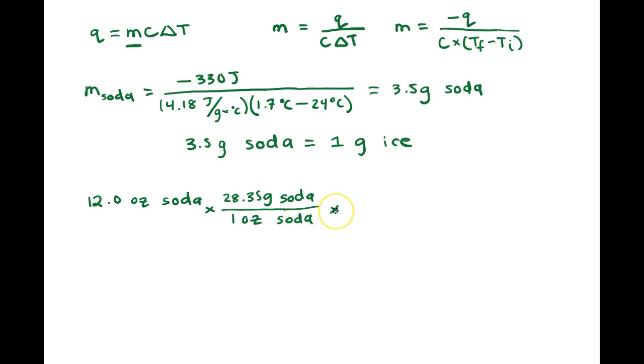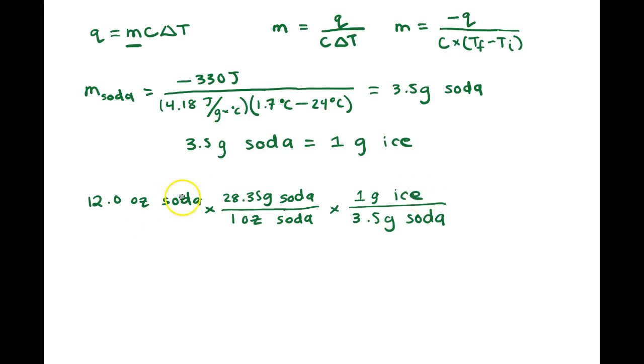The very last thing we need to do is say, well, I know that 3.5 grams of soda is going to need 1 gram of ice to keep it cool, or to cool it down. So I have 3.5 grams of soda, and then I have 1 gram of ice on top, right?